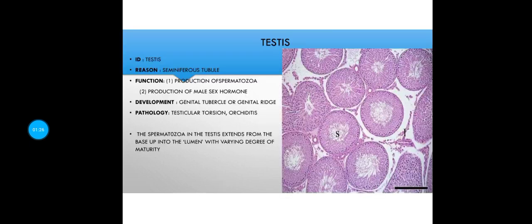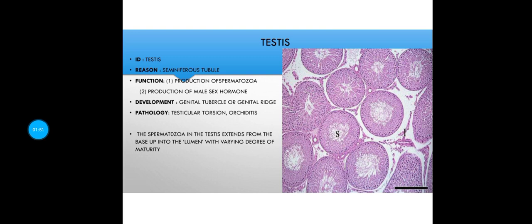So let's read the side notes. The testis can be identified by the presence of seminiferous tubules. The functions are the production of spermatozoa and the production of male sex hormone. Development of the testis is from the genital ridge.